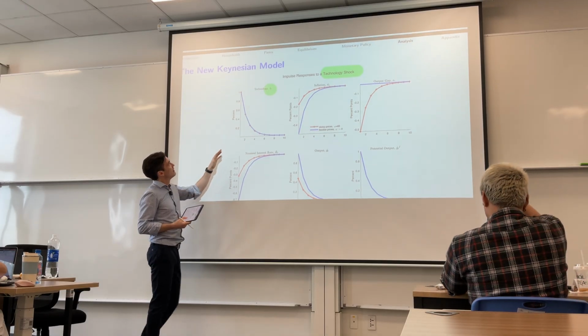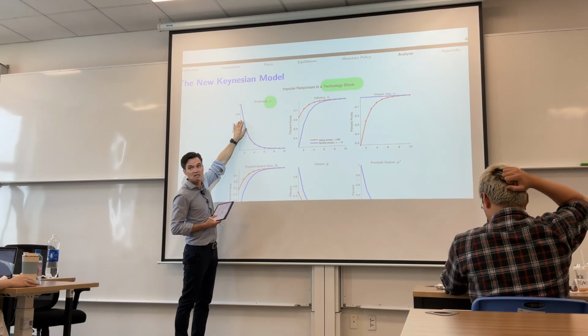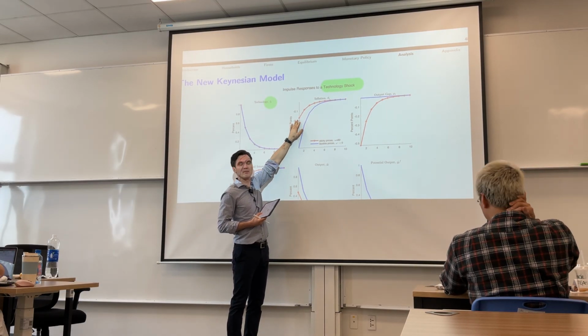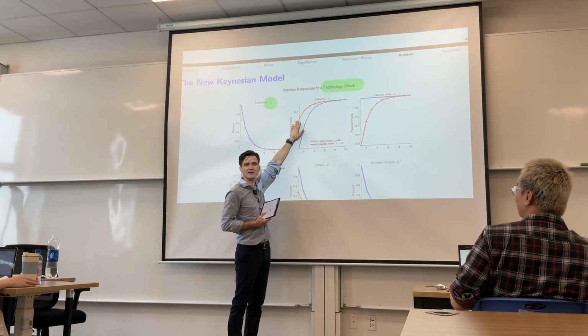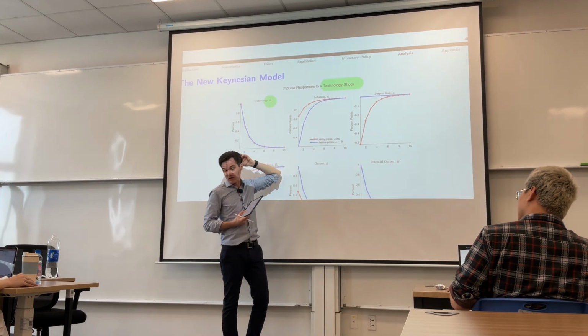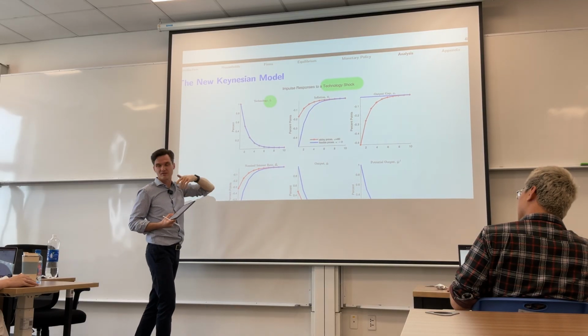When technology goes up, Z improves. What you're going to see in this model is that inflation falls. Can somebody think about a mechanism? Why the heck does inflation fall when technology improves? Because the potential output increases. Potential output increases, so there's something there.